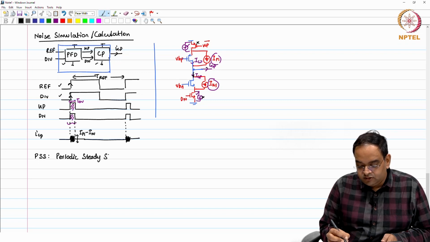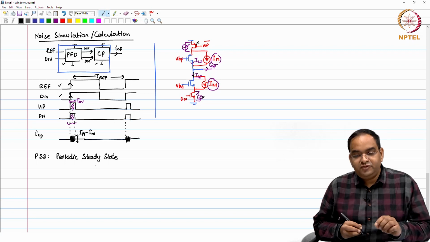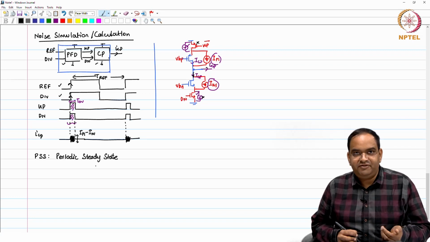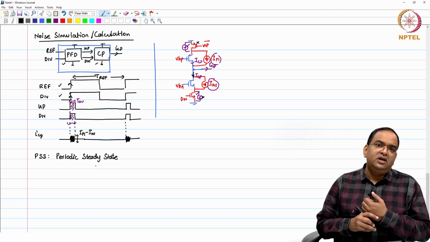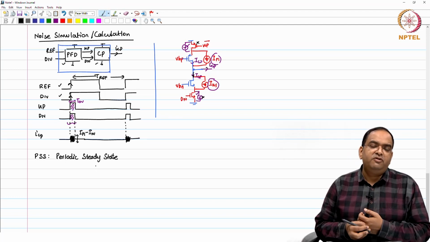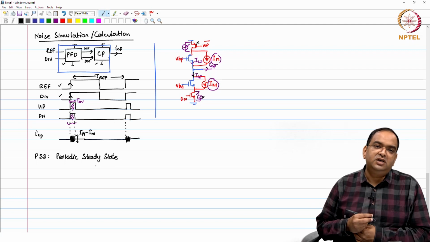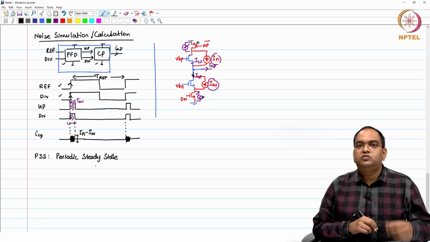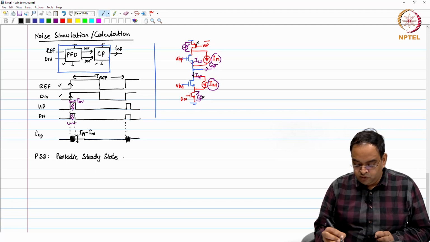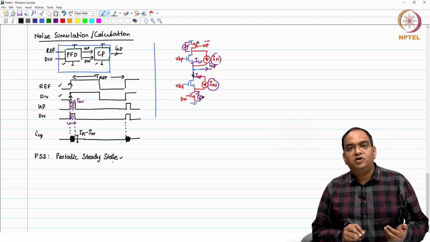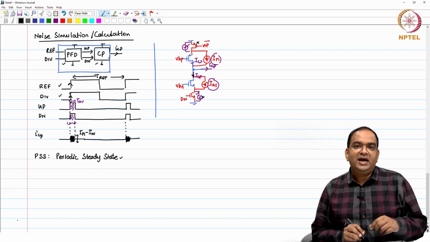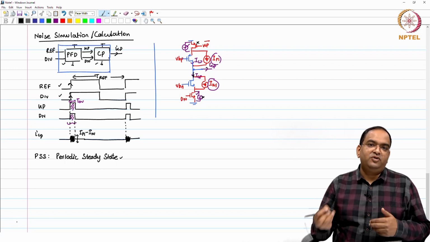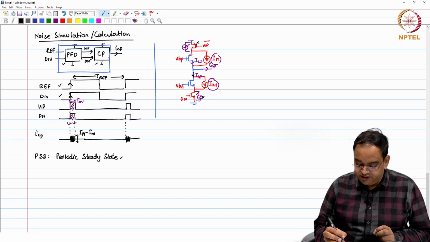Because we know the system is clocked at reference, it is periodic with respect to reference. So, when you have a sampled system, the noise conversions will happen from different harmonics of your sampling clock to your output. And when you apply any change to the system, because it is periodic, you will have frequency transformations there.